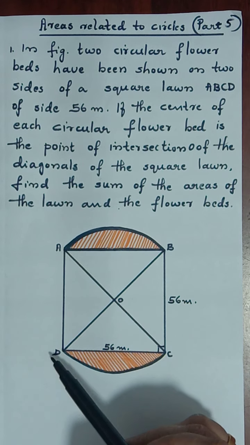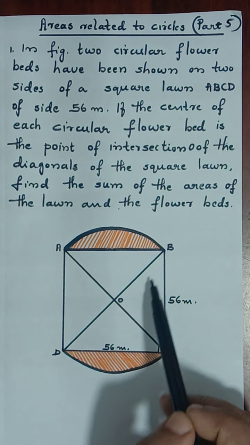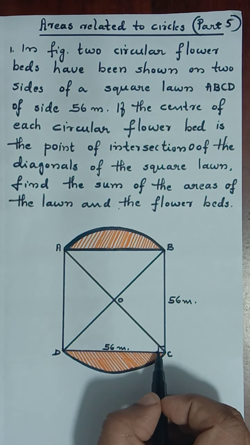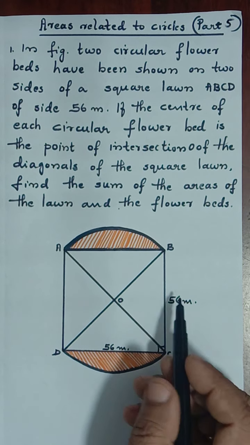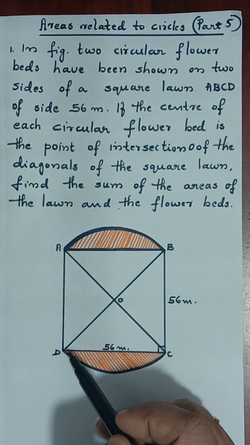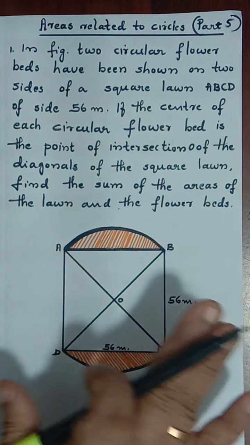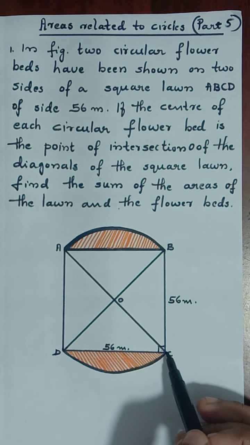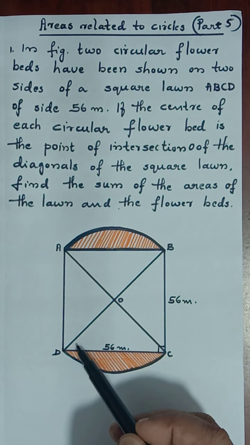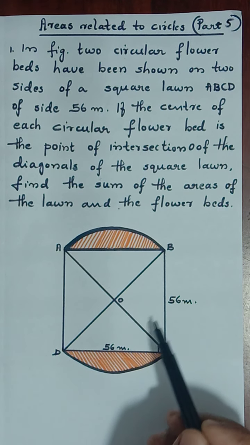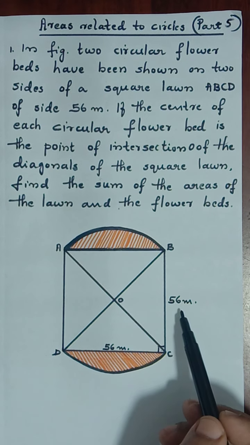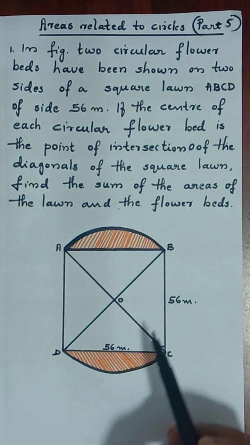If we consider triangle BCD, it's a right triangle. For a right triangle, if you have two sides, you can find the third side. The side opposite the right angle is called the hypotenuse. The hypotenuse squared is equal to the sum of squares of the other two sides. The other two sides are 56 meter and 56 meter. That is how we find the diagonal.